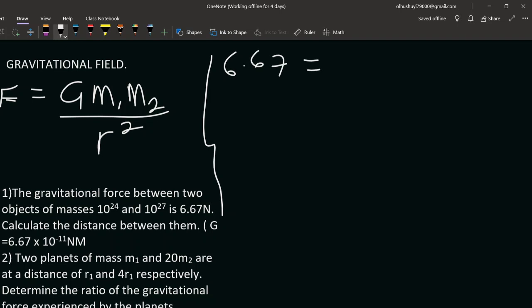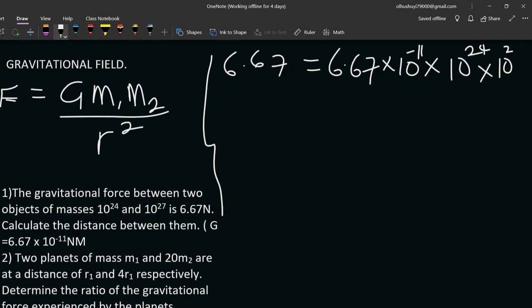That will be equal to our gravitational constant, 6.67 times 10 raised to the power minus 11, times the first mass, 10 raised to the power 24, times 10 raised to the power 27, everything divided by the distance between them.